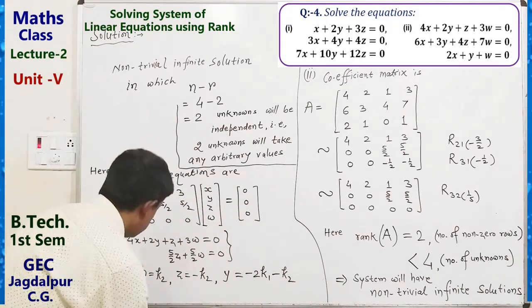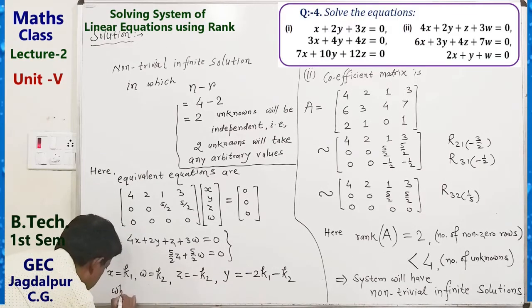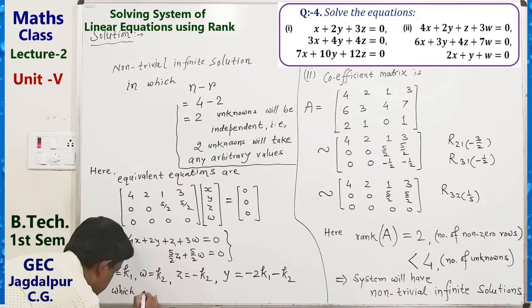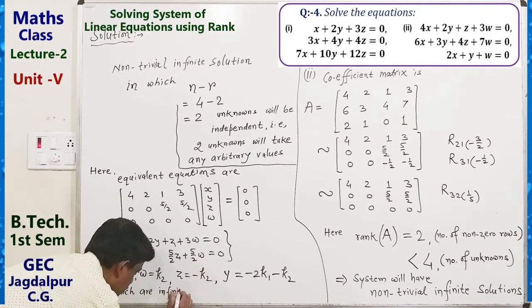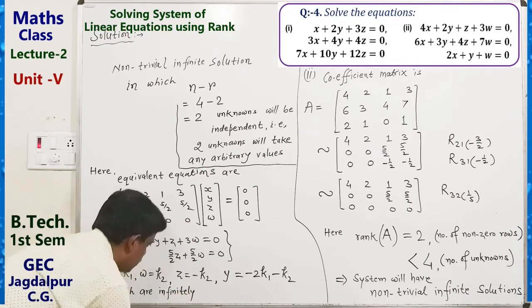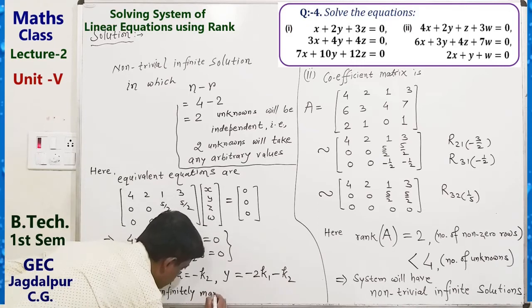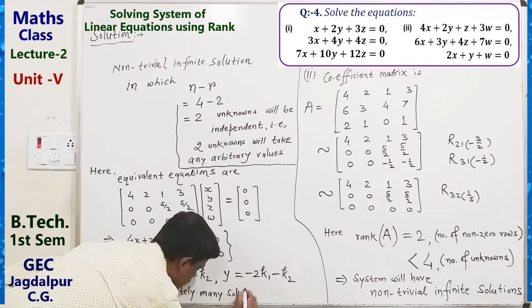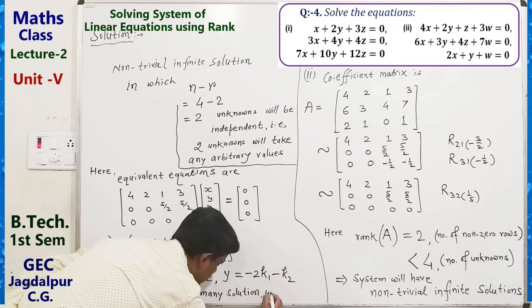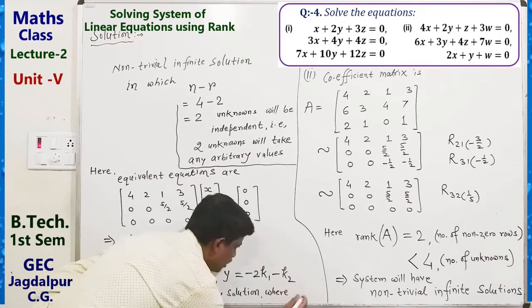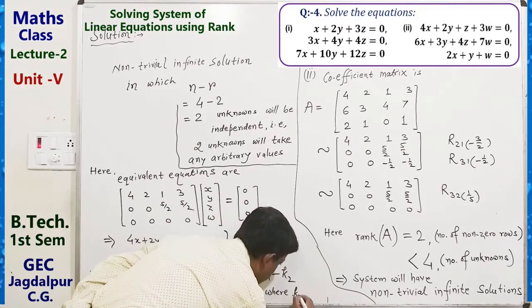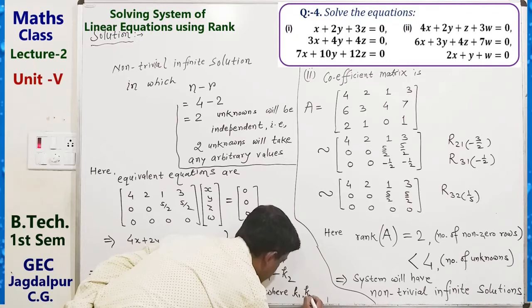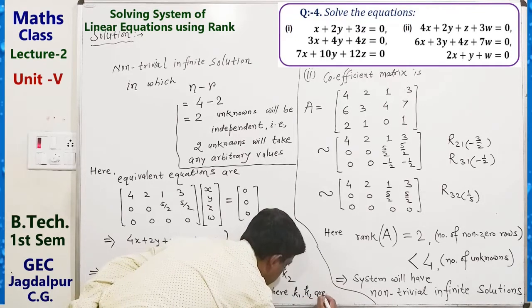Okay, which are infinitely many solutions, where k1, k2 are arbitrary.